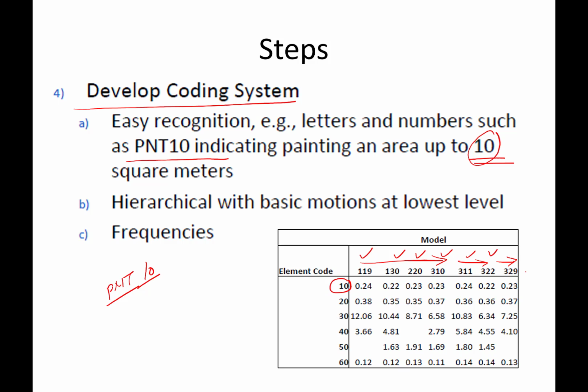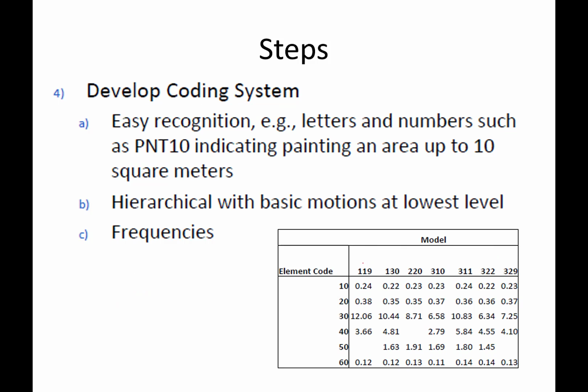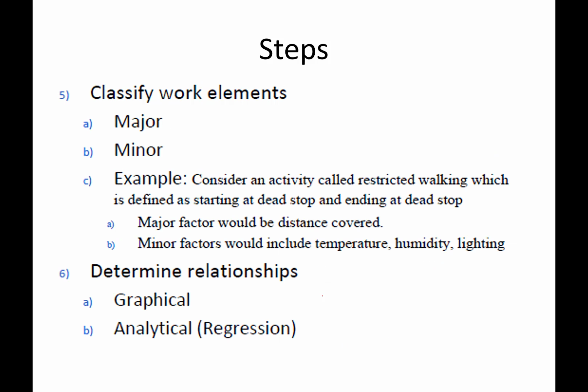So there are different products, and these are the different activities which are to be performed, and these activities are the same for all models. These are the different types of products which are being manufactured, needing similar kinds of operations. 10, 20, 30, 40 are the codes of the different activities which are needed.